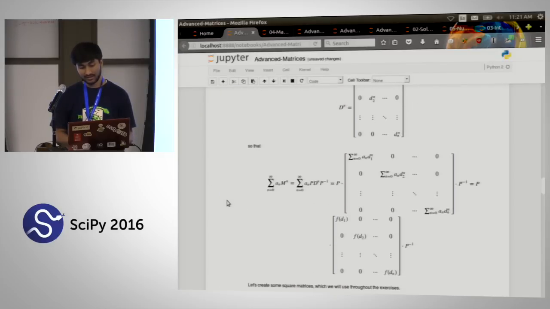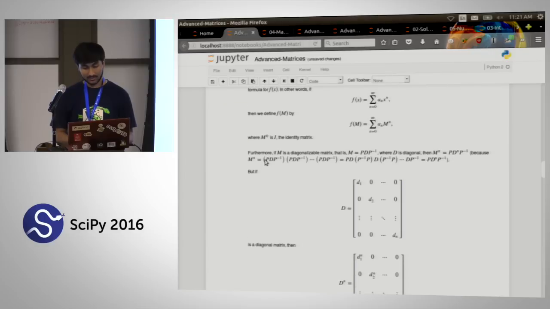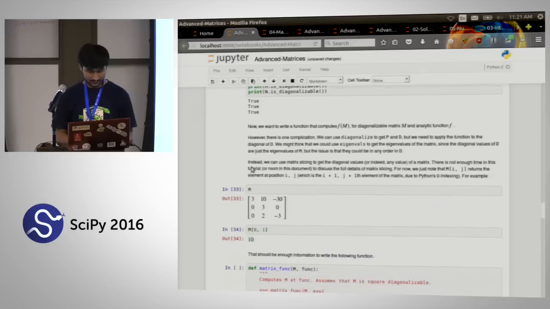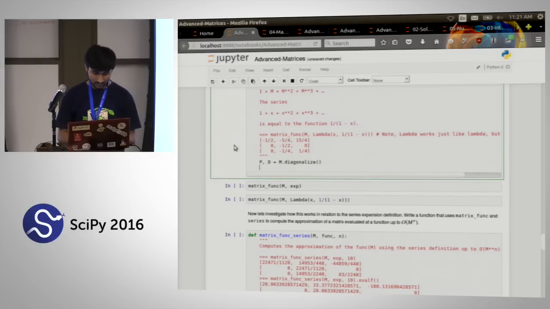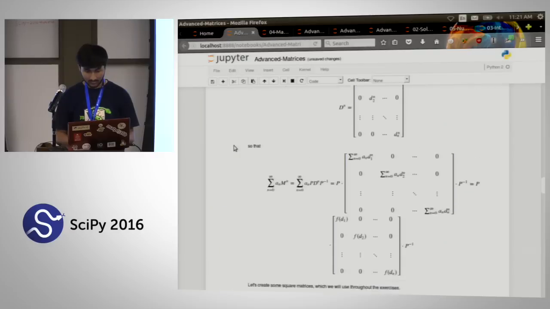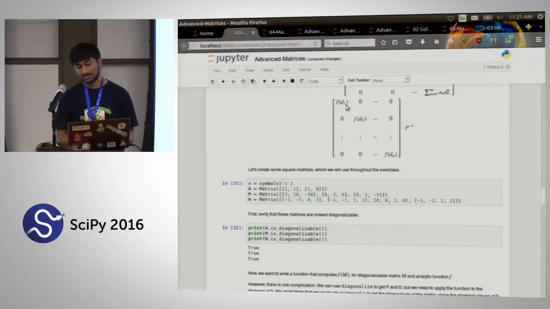So first we need to find the P and D for the matrix M. Now we need to find the function of all the diagonal elements of D. All right, so we need to collect all the diagonals of D and apply that function to that.